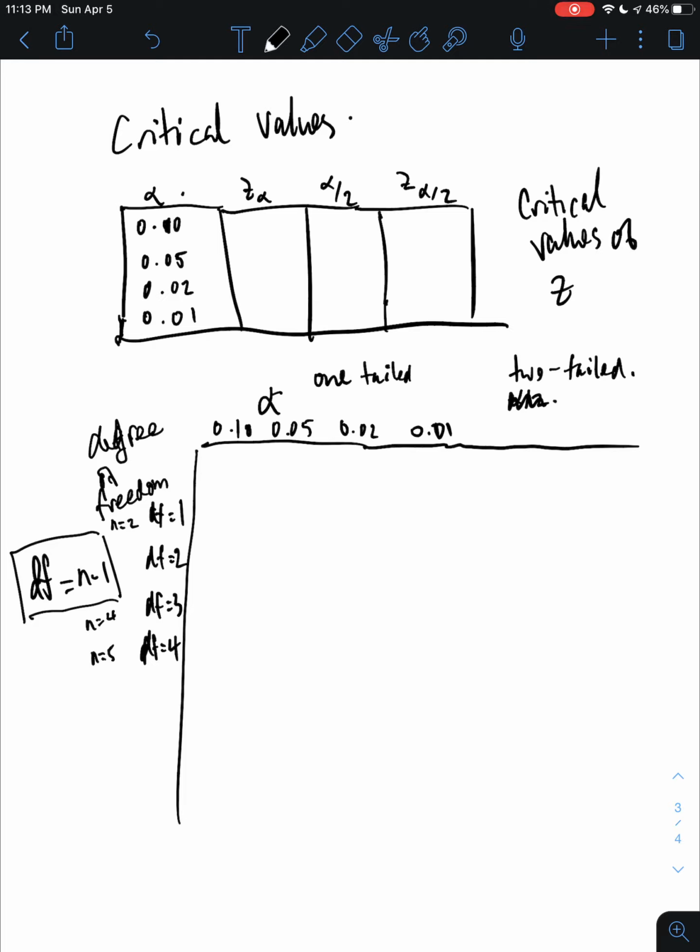The tables in the back of the textbook and in the appendix really just have the one-tailed version, and you have to think a bit harder about how to do this for two-tailed. Okay, so that is the overview of the t distribution.